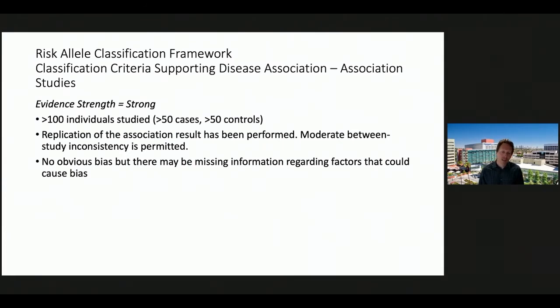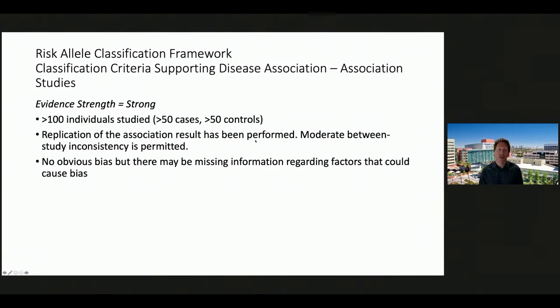However, with many association studies, sometimes based on how they're described in the literature, it can be difficult to fully evaluate the level of potential bias, and there may be missing information where you can't fully evaluate it. So if you have any of those 3 factors, you'd be in the strong category. You would no longer qualify for very strong.